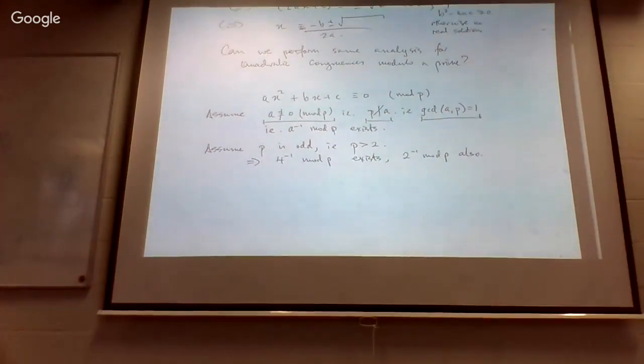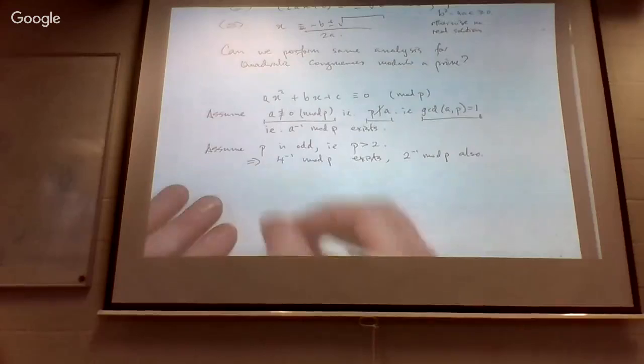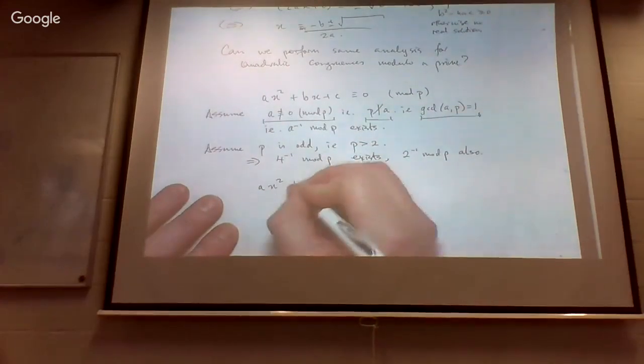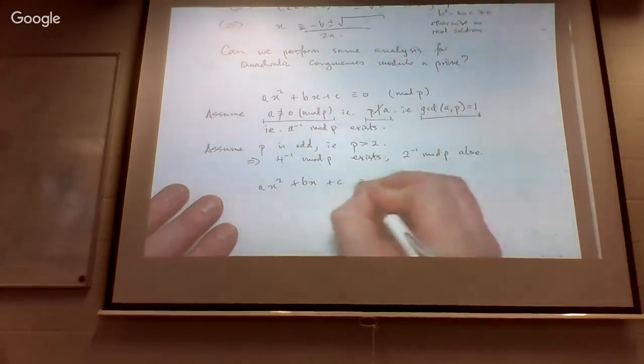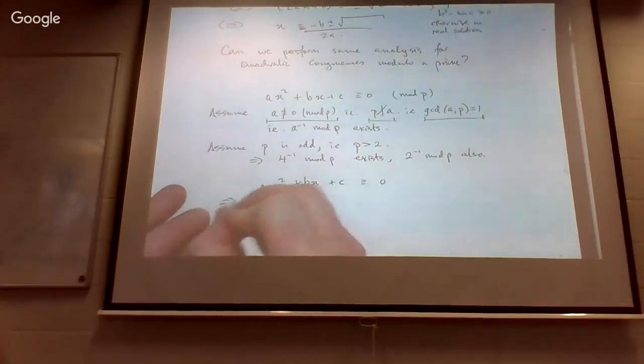So because I want to multiply across by 4a, and later on in the formula maybe we'll be multiplying by the inverse of 2a. So that's important.